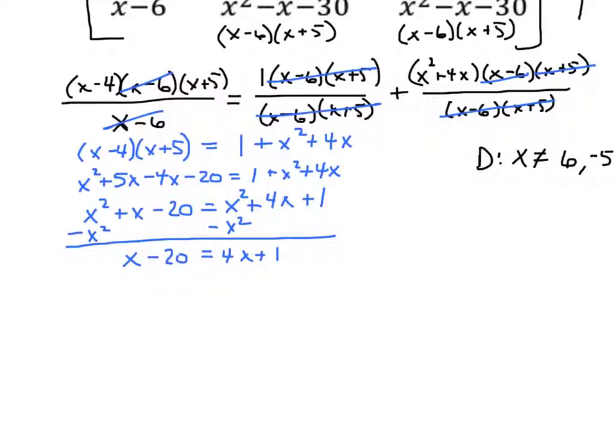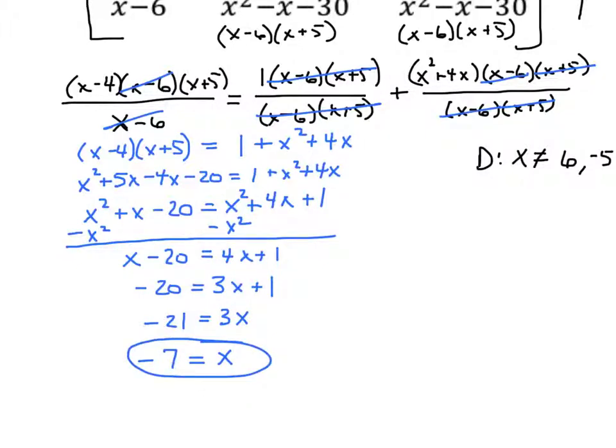And now I just need to finish solving the equation. So I subtract x, subtract 1, divide by 3, and in this case x is going to equal negative 7. And as I look at this answer compared to my domain, it doesn't have any conflicts, so I'm perfectly fine.